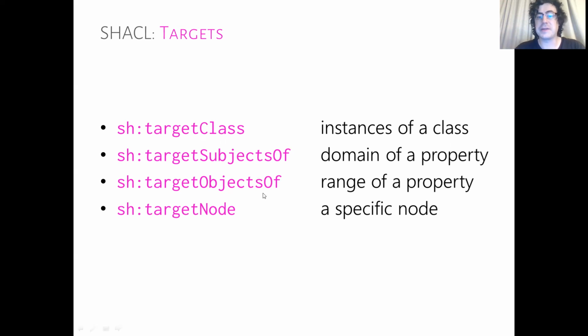We can target all objects of something, so we can target all objects of date of birth, for example. We can target a specific node as well, or specific nodes. If we combine on one node shape, we can add multiple targets, and in that case, it will be the union of all the nodes. So if we define multiple targets, then we take all of the nodes that are targeted by at least one of those targets.